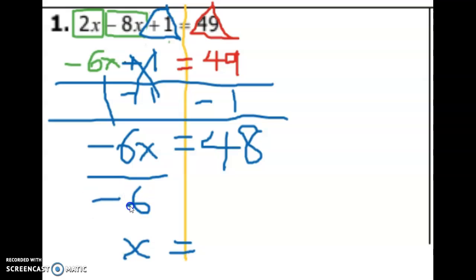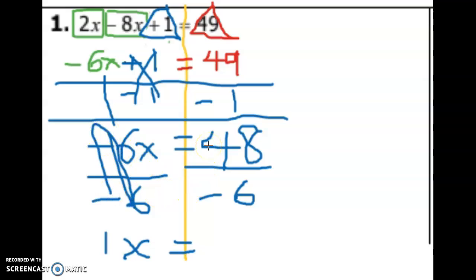Voy a dividir, porque dividir es el opuesto, el inverso de multiplicar. Y como estoy dividiendo negativo 6 por negativo 6 va a ser 1, right? Entonces, eso está cancelado.